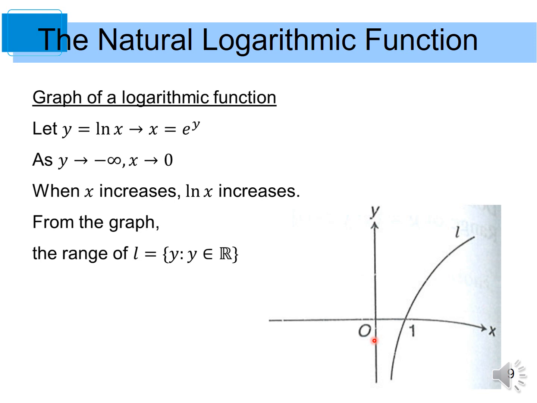The domain of this function is from 0 to positive infinity, where the 0 is not included. And for the second property, the function is continuous. You can extend your parameter of x to 100, even 1000, and you will find that your curve is continuous.